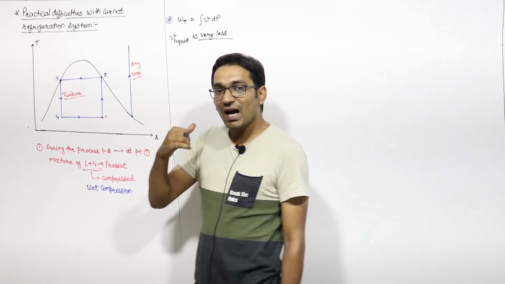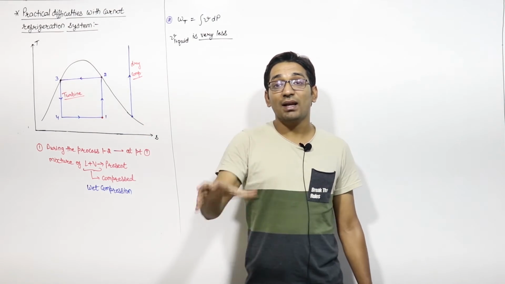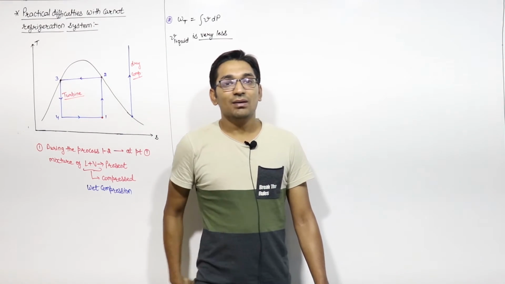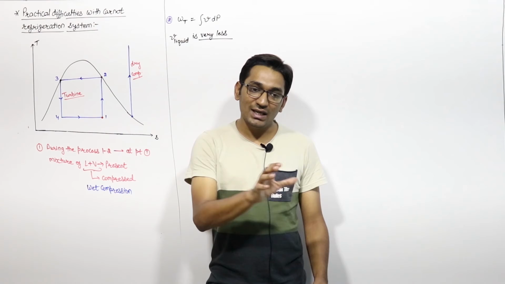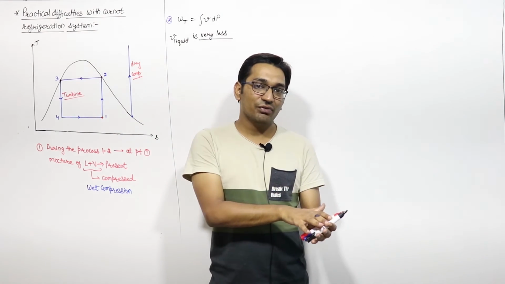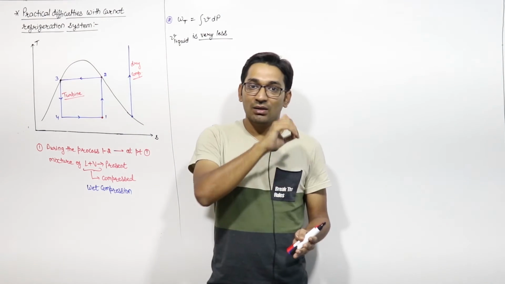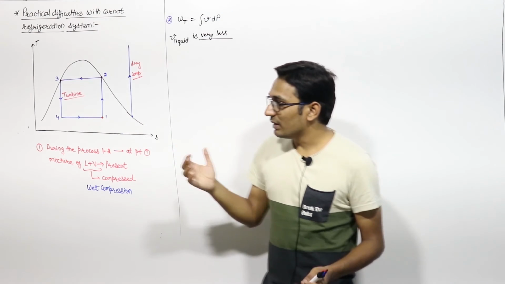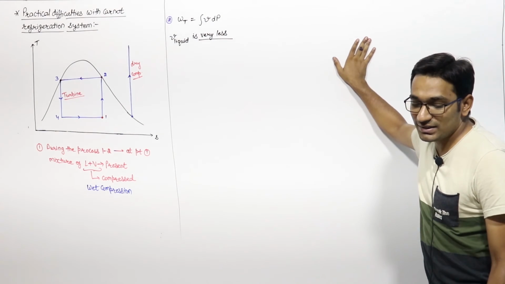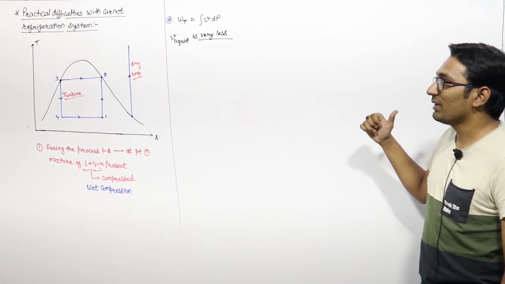So instead of that reversible isothermal heat exchanging process, we are replacing it with isobaric, because we can maintain a reversibly constant pressure while exchanging heat with the system much more easily than maintaining a constant temperature. So these are the two practical difficulties.